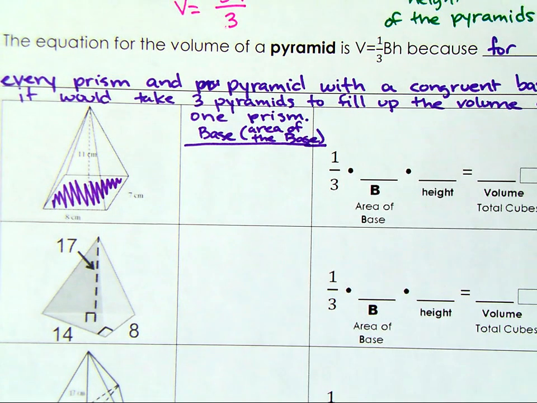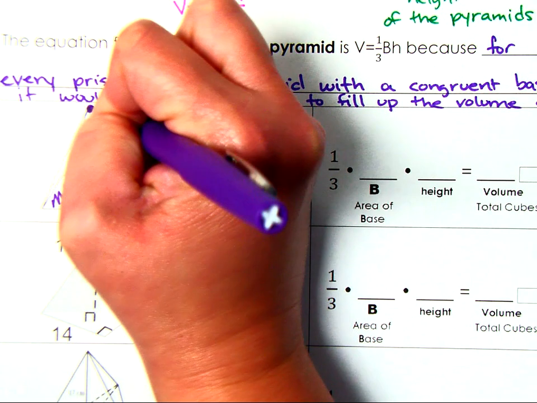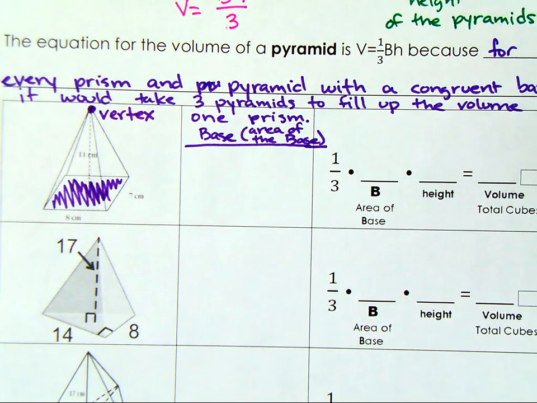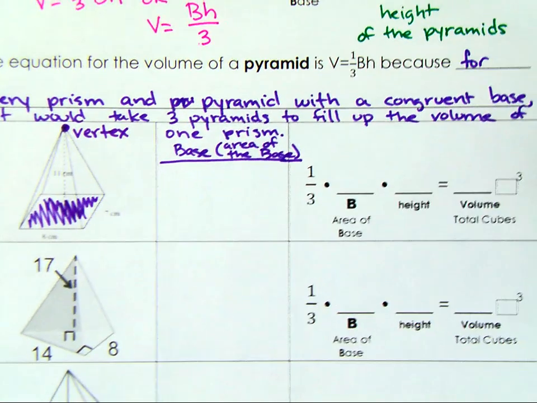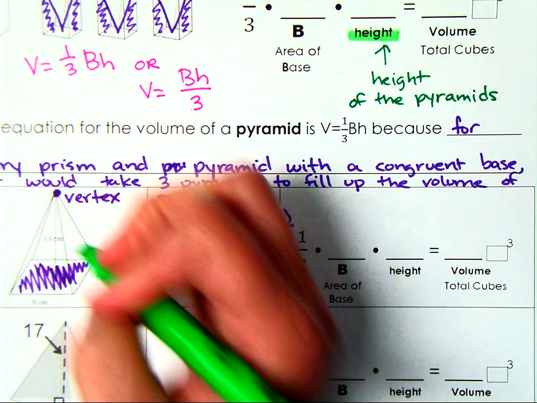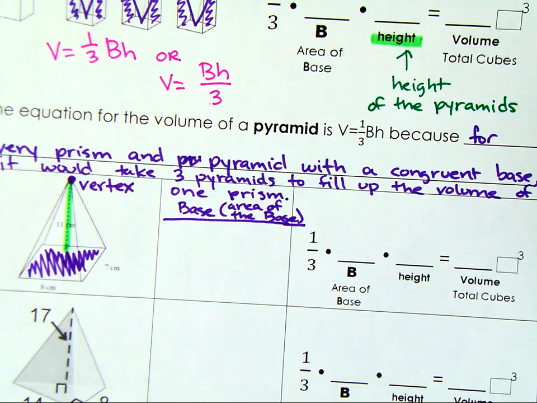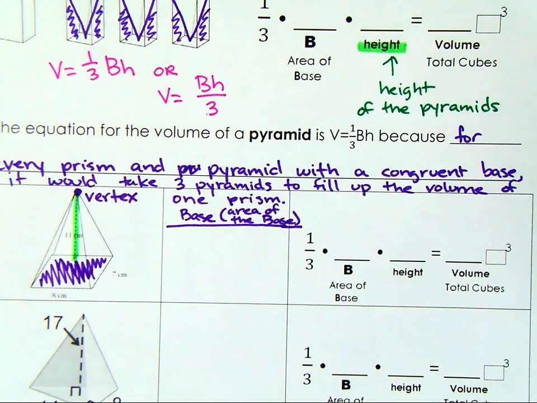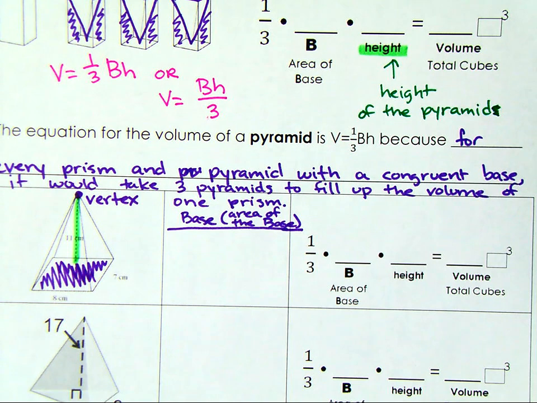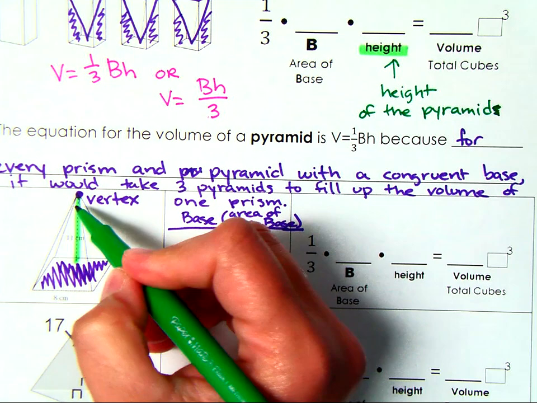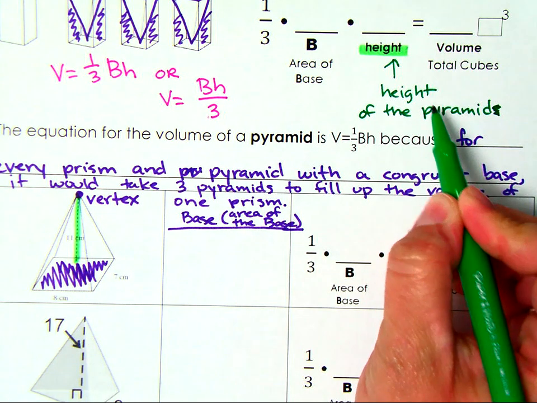And remember, a pyramid has 1 base, and across that base is the vertex. So the height of the pyramid is going to be the distance between the base and the vertex every single time, the height of the pyramid that you're looking at in your problem.